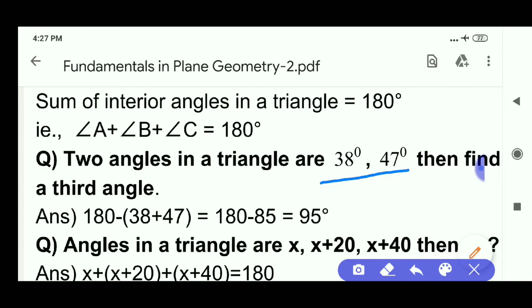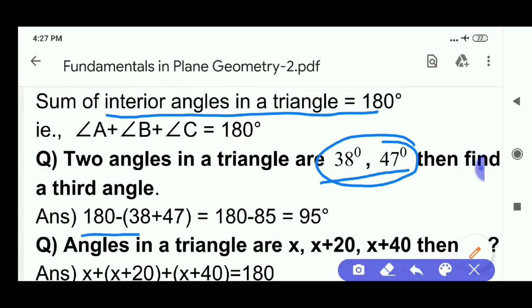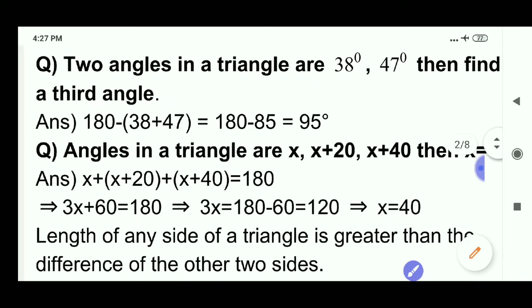We know that the sum of interior angles is 180 degrees. We know two angles; we have to find the third angle. It is 180 minus the sum of the given angles, 38 plus 47. That means 180 minus 85. That is 95 degrees.